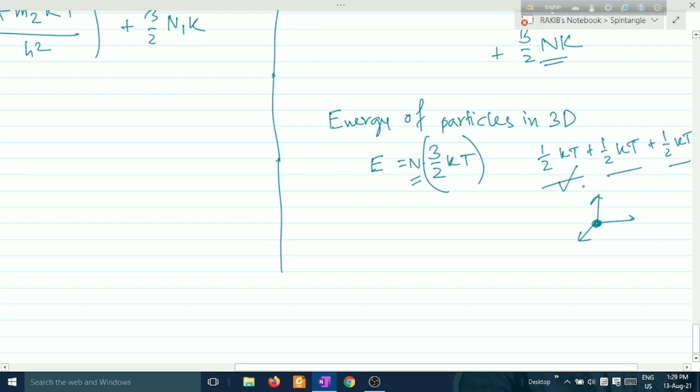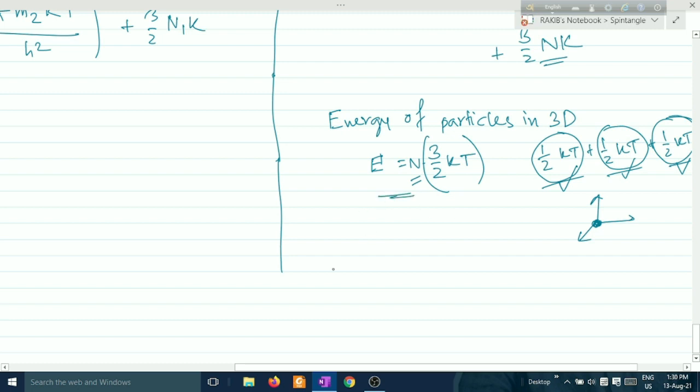These are independent dimensions, along generalized coordinates, or degrees of freedom. However many degrees of freedom there are, that many half kT terms there will be. If there are 2 degrees of freedom, then half kT plus half kT. If there are 3 degrees of freedom of the gas, then half kT plus half kT plus half kT.